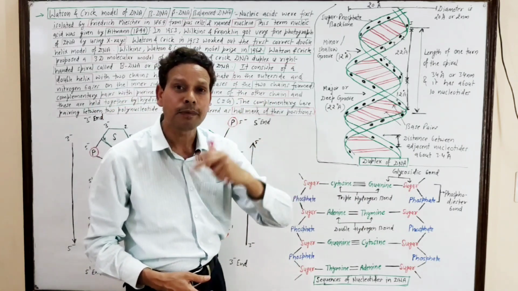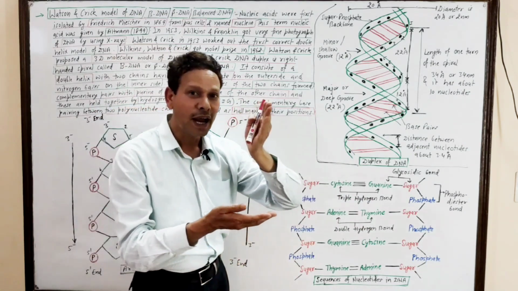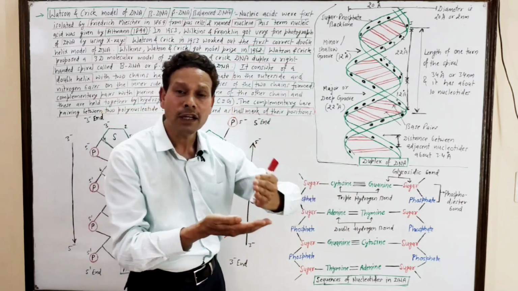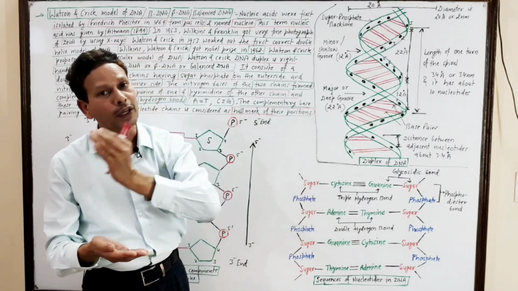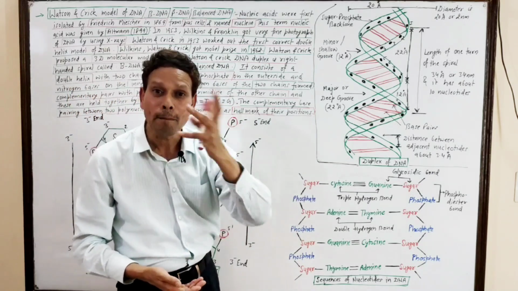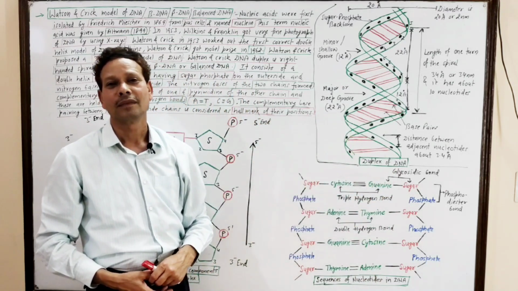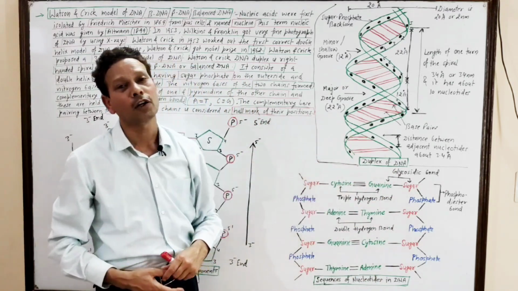That kind of base pairing in which adenine always pairs with thymine and guanine always pairs with cytosine is complementary base pairing, and it represents the hallmark of the DNA.